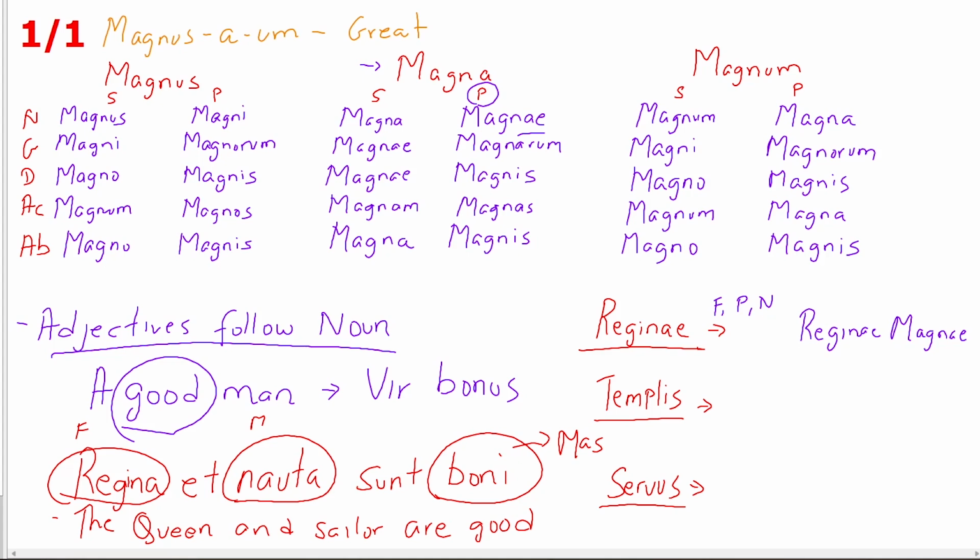How is it given in the dictionary? It is given as templum, templi. Now looking at the ending of templum, we know that it is which gender?